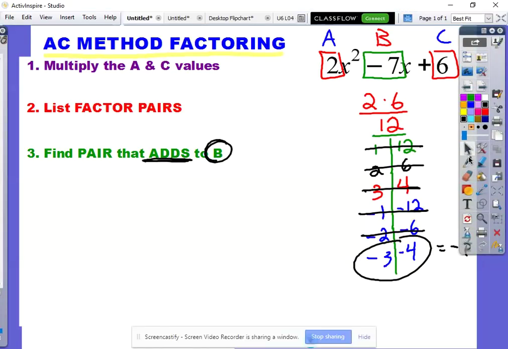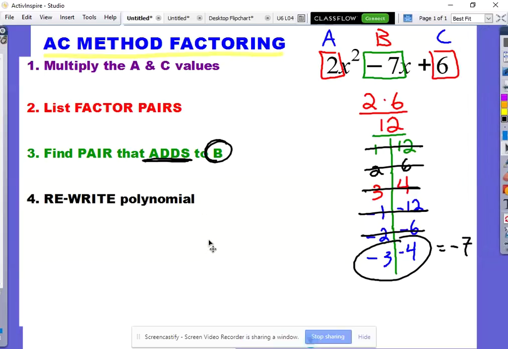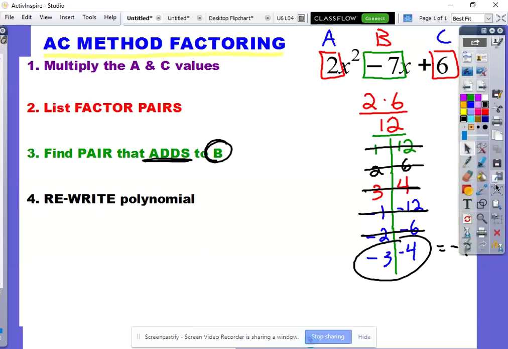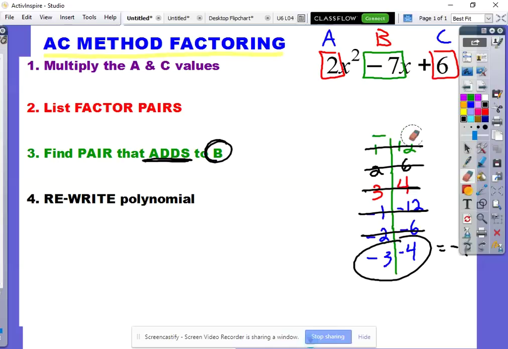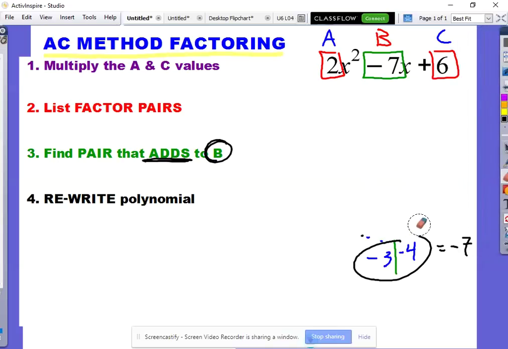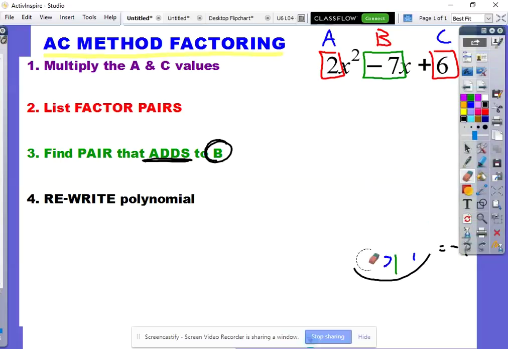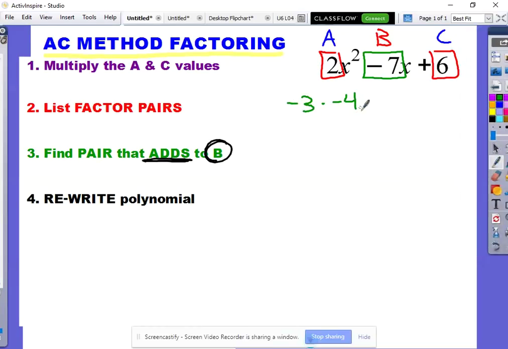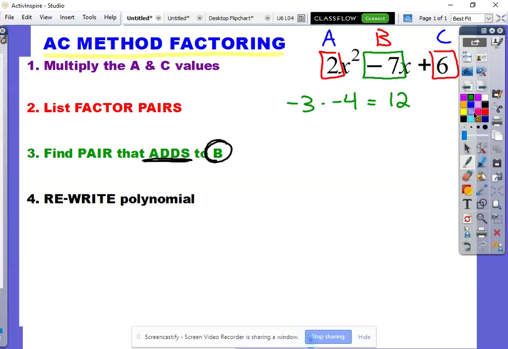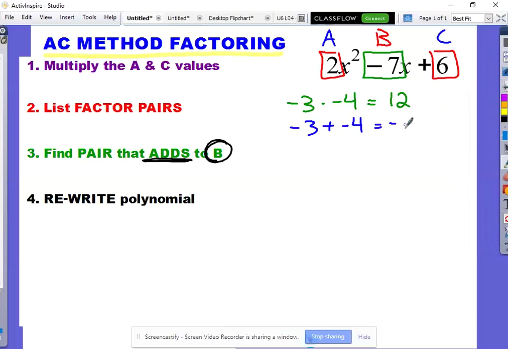All right, next step. Once we've got that factor pair, we're now going to rewrite our polynomial. Okay, so I'm going to give myself a little more space here. Now that we've got our factor pair, let's go ahead and get rid of this right here. Our factor pair, remember, is negative 3 and negative 4. So I'll rewrite that up here at the top as well. Okay, just as our little reminder. So negative 3 times negative 4 equals 12, but negative 3 plus negative 4 equals negative 7.